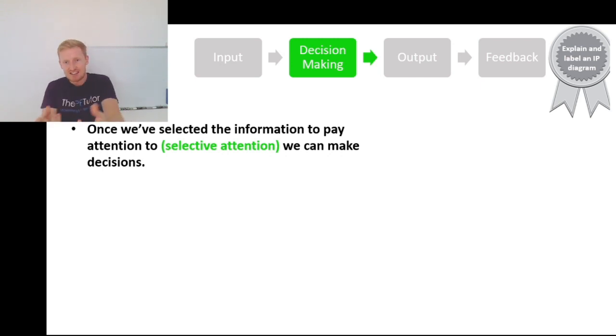Because I've selected those things to pay my attention to. Therefore, I make my decisions on how I react in this environment based on those prioritised pieces of information. So I'm moving in line with the camera. I'm speaking loud enough and directed towards the microphone.